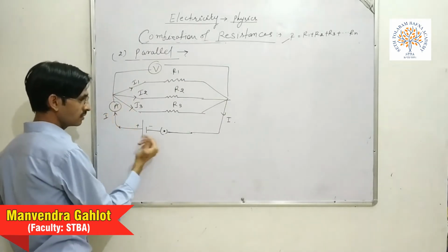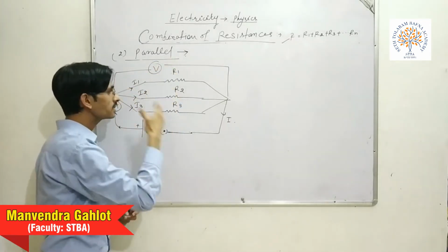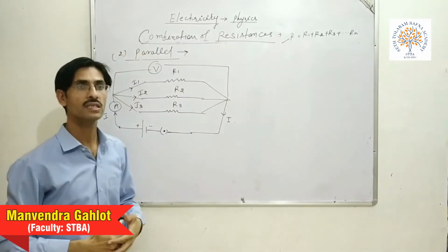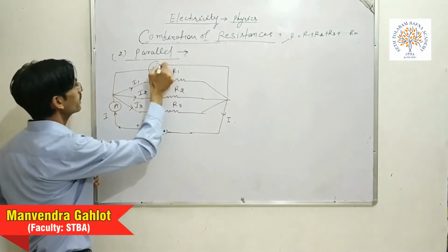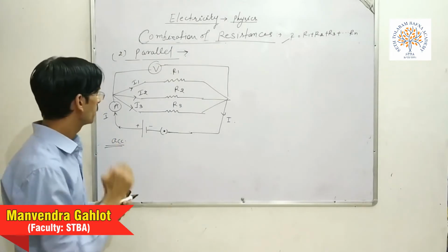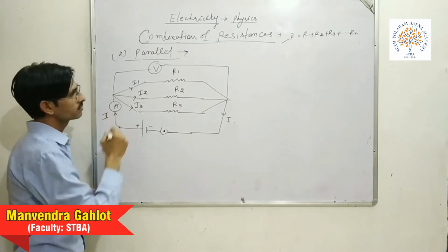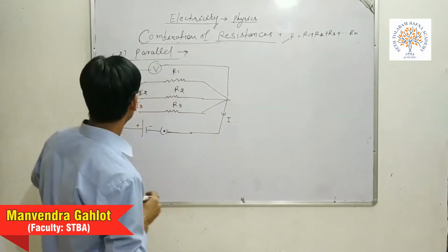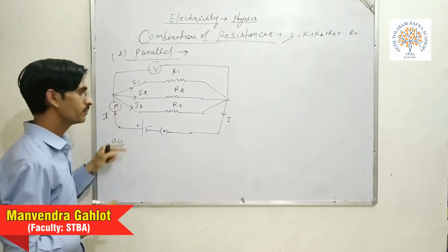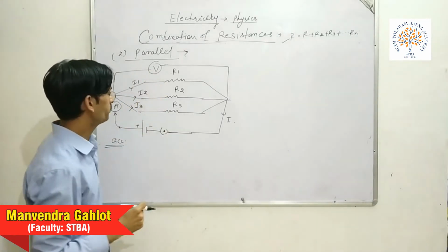with ammeter, cell, key to find the potential difference across each resistor. We connect the voltmeter in parallel to these wires. Now, before Ohm's law, when current I passes through this circuit, through R1, R2 and R3, it divides into I1, I2 and I3.